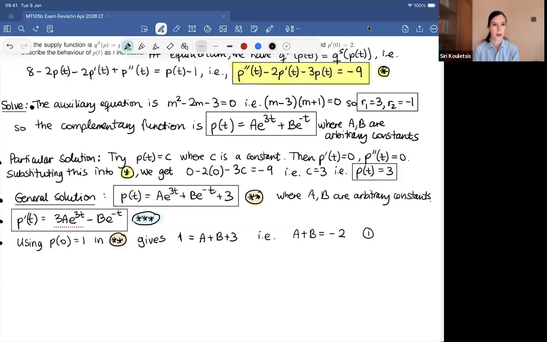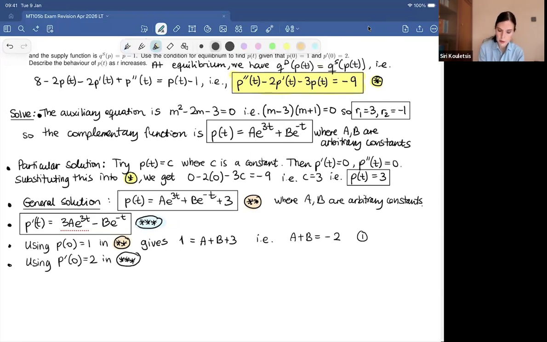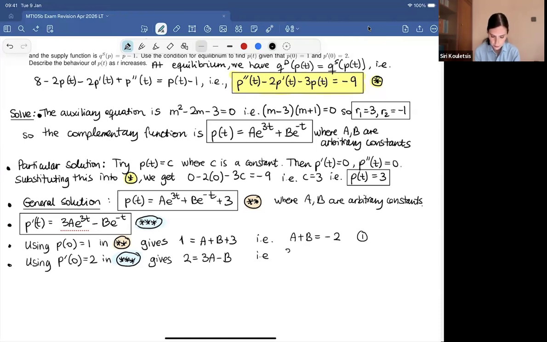So that's the first equation in the system. And then using P prime of 0 equals 2 in our equation here, with 3 stars above the P prime of t expression, we get the second equation in our simultaneous system.